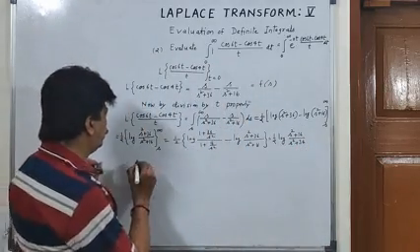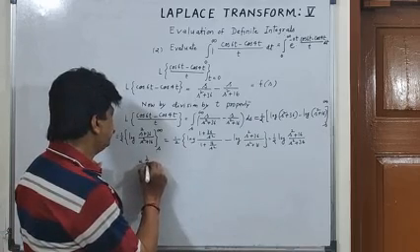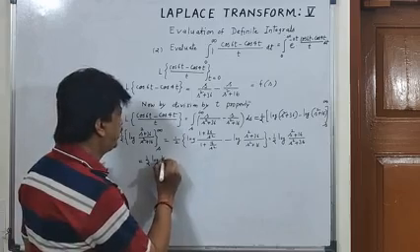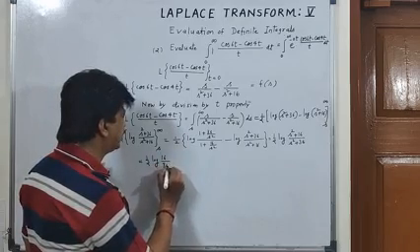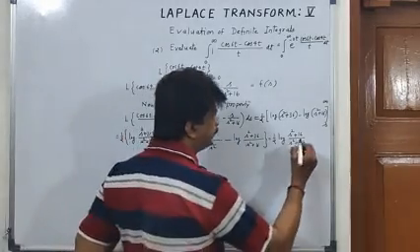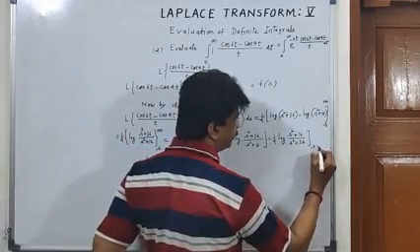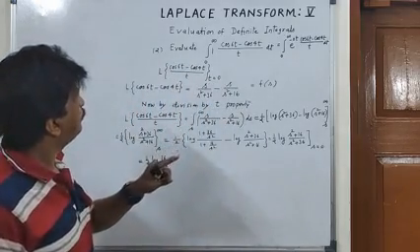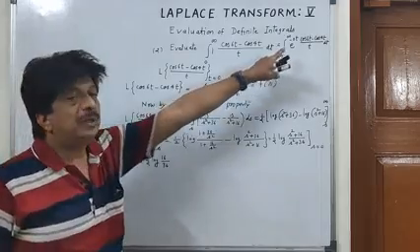That is further equal to 1 by 2 times log of 16 upon 36, if I put s equal to 0, f of s at s equal to 0, because s is 0 here.